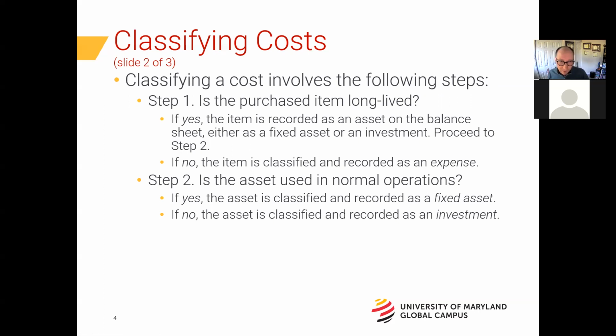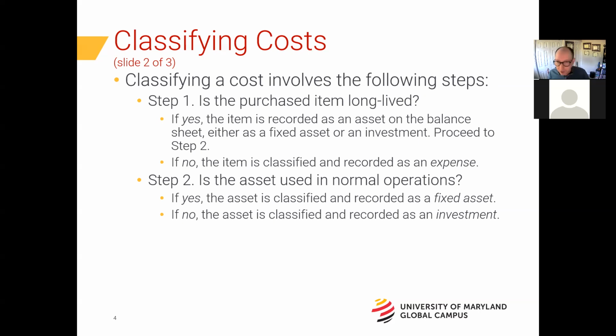Or I'm sorry, technically it's an expense if it's leased. Because if you think about the way that we formulate our balance sheet, income statement, and cash flows, when there's a lease, we journalize it as a lease expense. So it would show up as an expense, meaning it is not an asset.